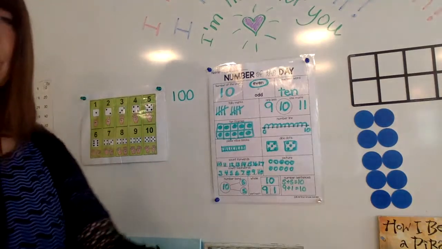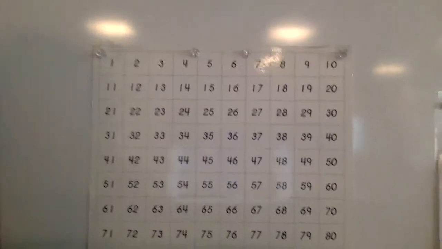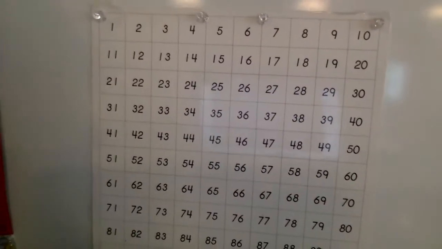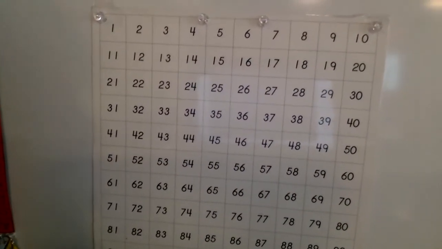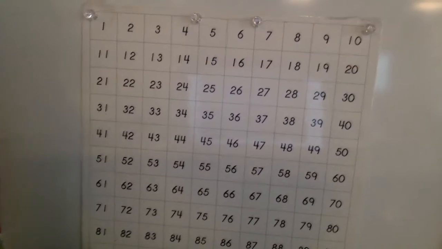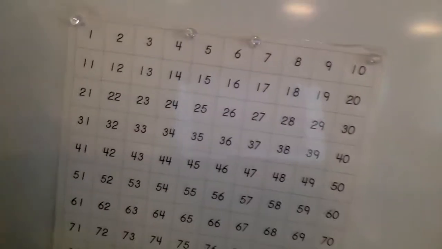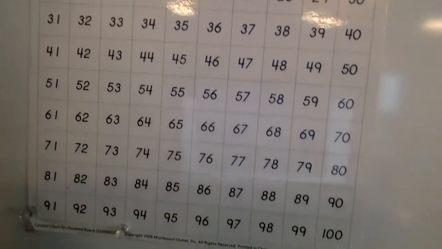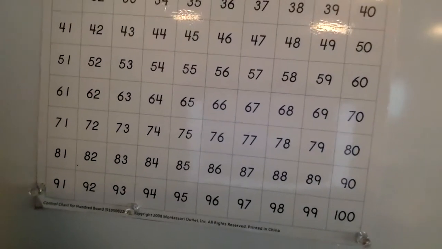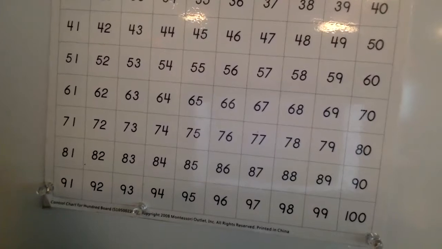Remember, I can show you our hundreds chart. The top row has 1 through 10. And 1 through 9 are just single-digit numbers. But as soon as you get to 10, that makes a 2-digit number, right? What happens when we get all the way to the bottom and we see 100? That's our first 3-digit number.